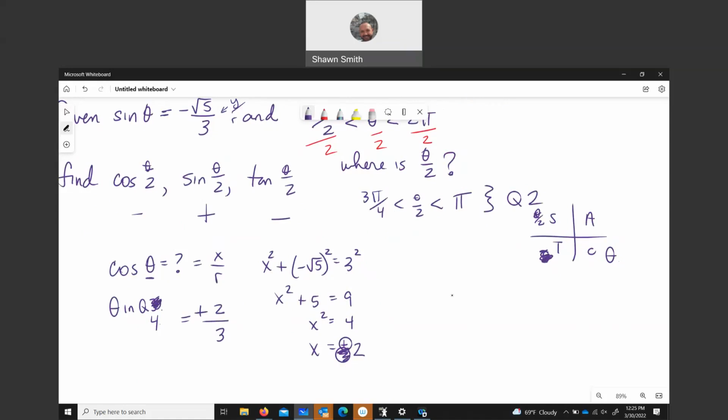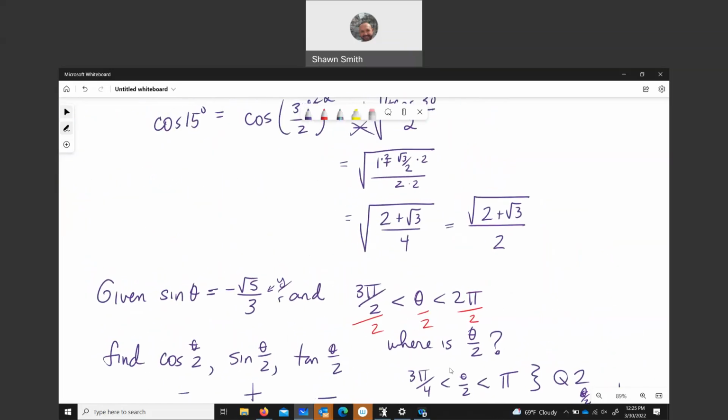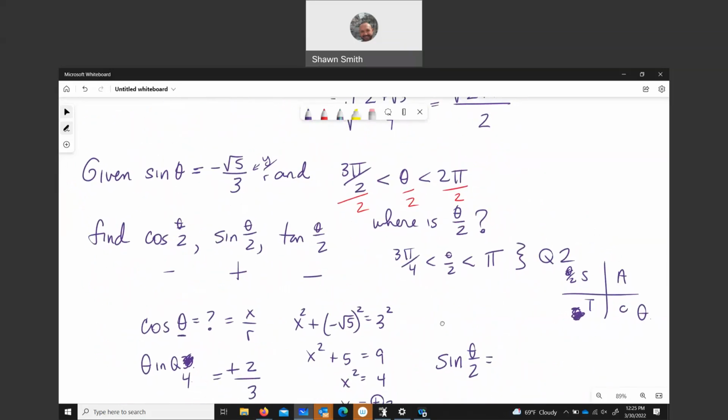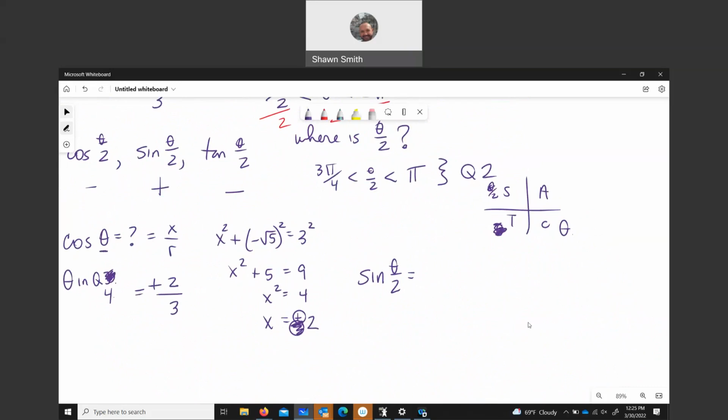All right, so let's do the sine of theta over 2. So sine of theta over 2, we're going to take the positive square root, right there, of 1 minus the cosine, 2/3, all over the 2.